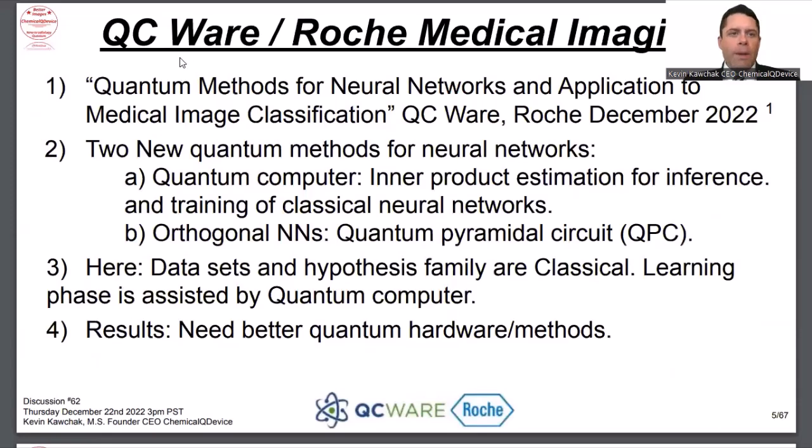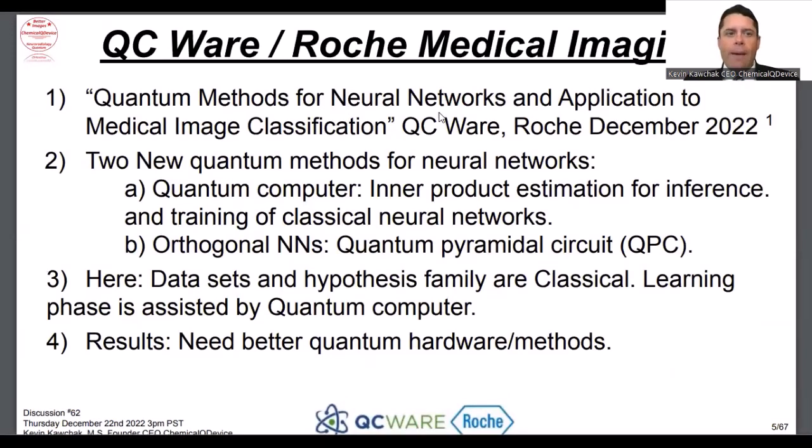So this first paper is QC-ware and Roche. Basically it's quantum methods for neural networks and applications to medical image classification. Now that was this month. I think this paper is the type that just keeps getting updated. It's archived.